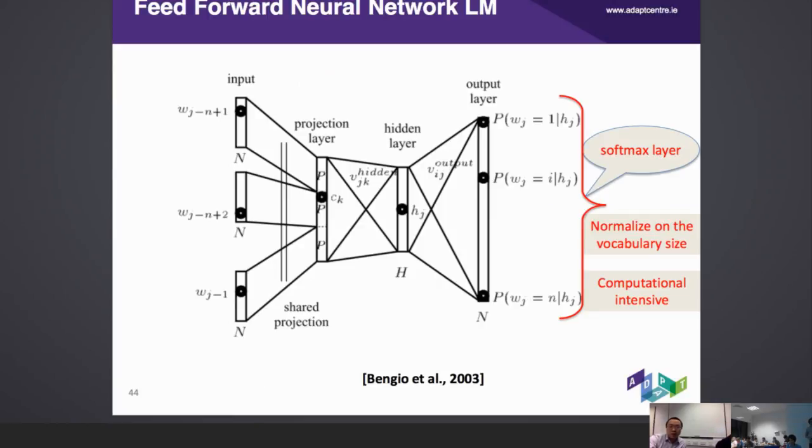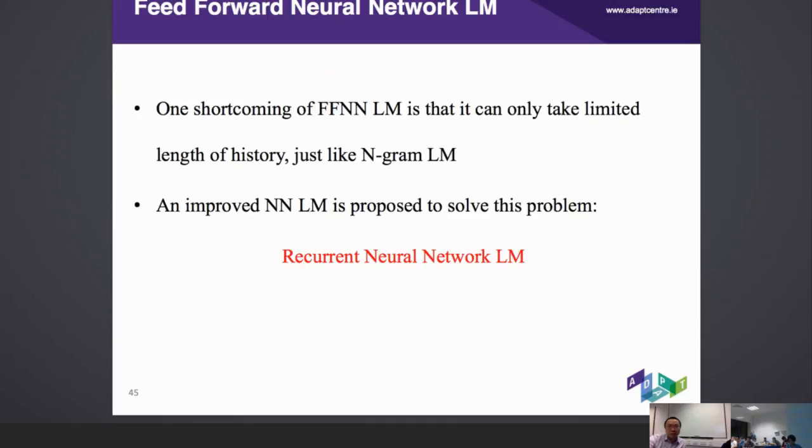By this feed-forward neural network, we get a weight for each word, and finally we need to do softmax. We do normalization on the whole vocabulary size. So this is computationally intensive, as you can see.